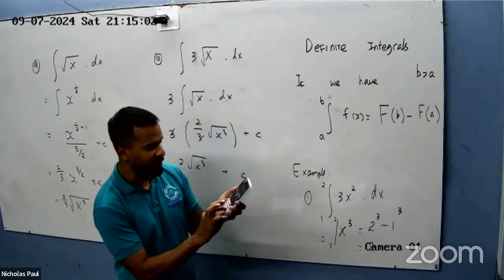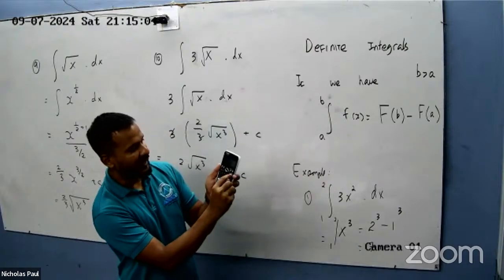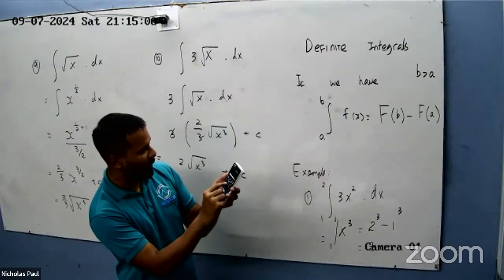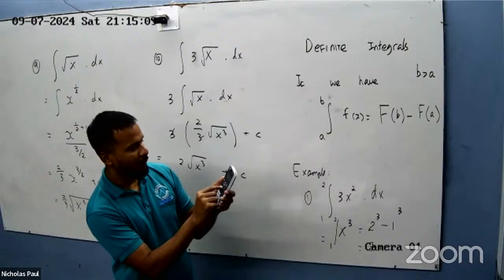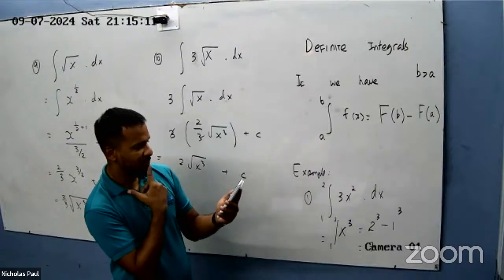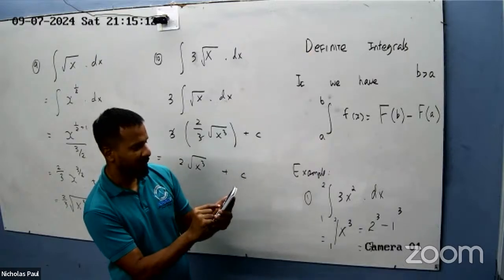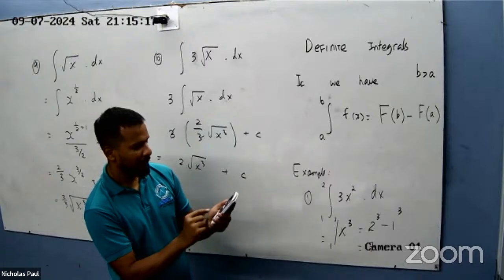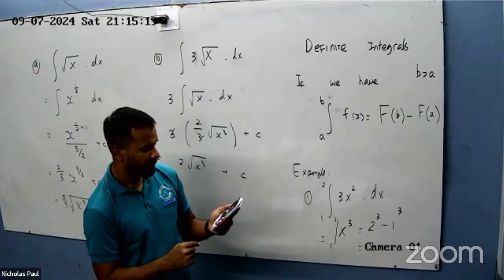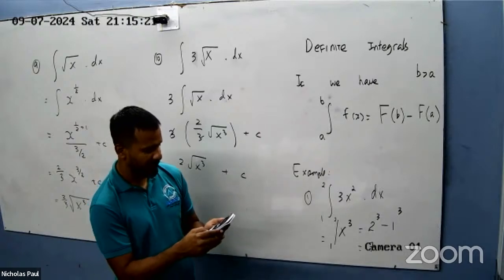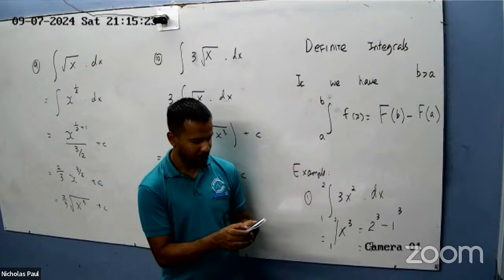So put in 3, there's an x here, and then put squared here. Just press your square button.